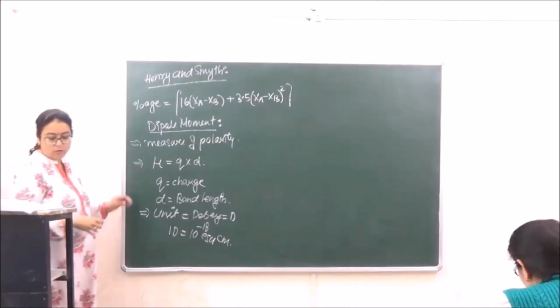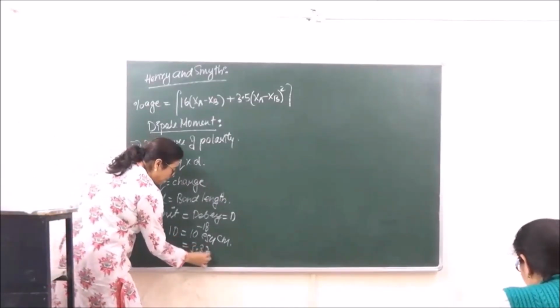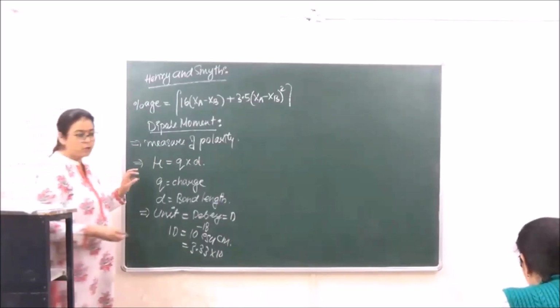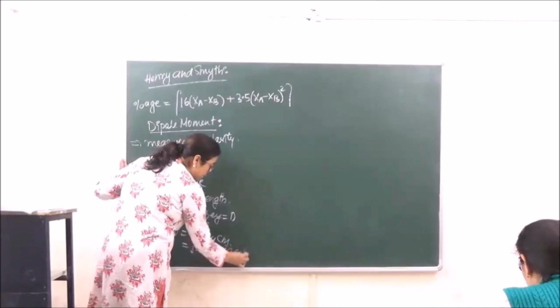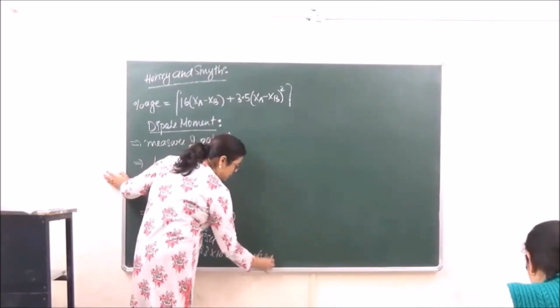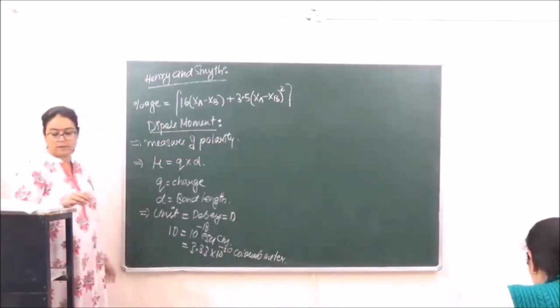Okay? In case of coulomb meter, this is given as 3.33 into 10 raised to power minus 30 coulomb meter.